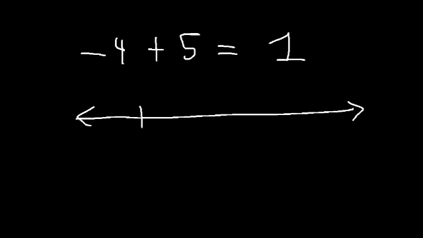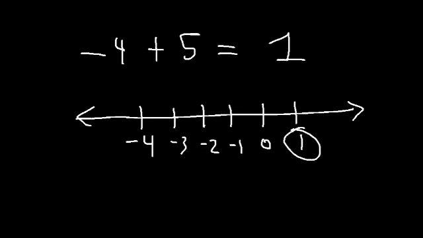What's -4 plus 5? -4 plus 5 is +1. So if you start from -4, and since we're adding 5, we're going to go 5 units to the right. So 1, 2, 3, 4, 5. -3, -2, -1, 0, 1. Now you can also add it the other way too.